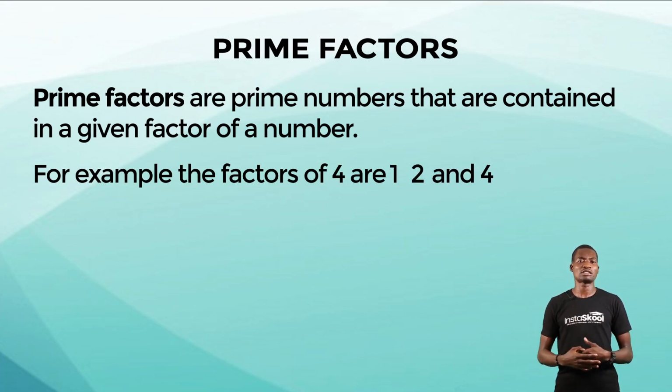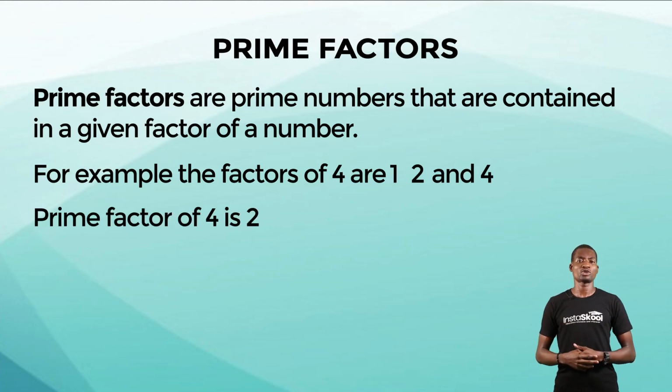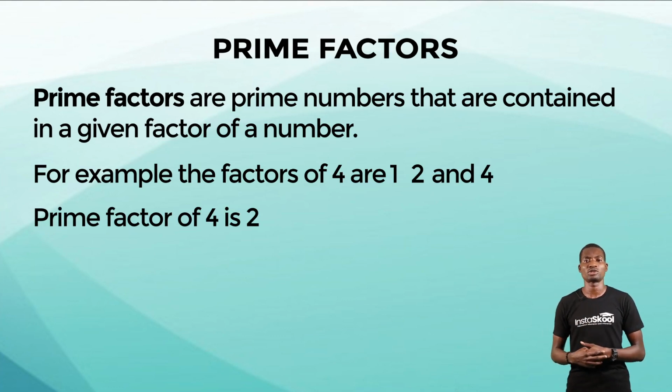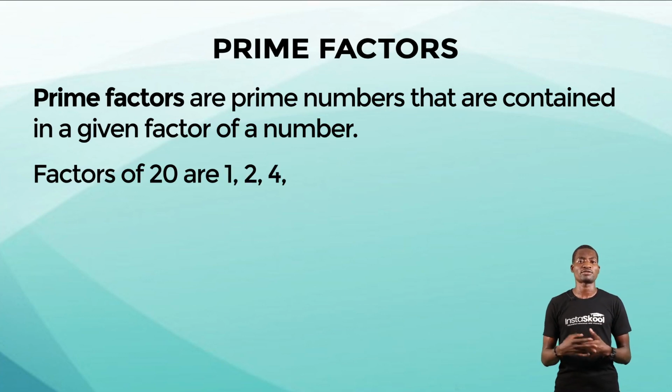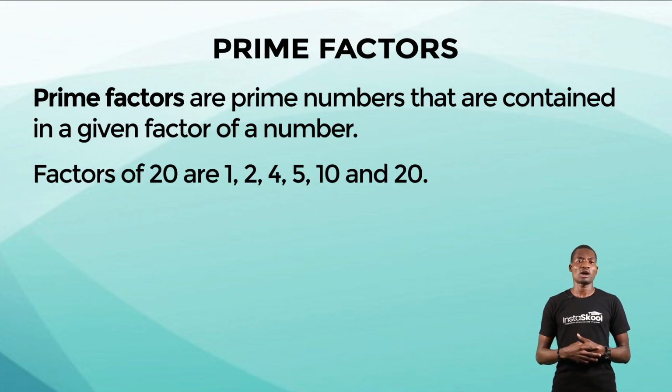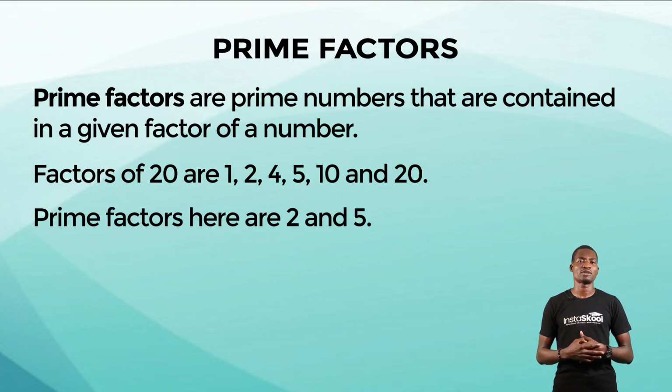The prime factor of 4 is therefore simply 2, because 2 is the only prime number amongst the factors 1, 2, and 4. Also, for 20 we mentioned earlier that the factors of 20 are 1, 2, 4, 5, 10, and 20. However, among these numbers, the prime factors are simply 2 and 5. So 2 and 5 are the prime factors of 20.